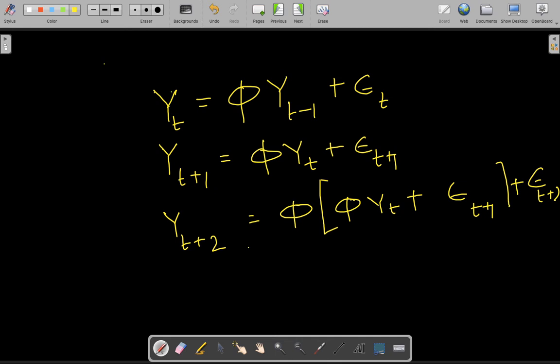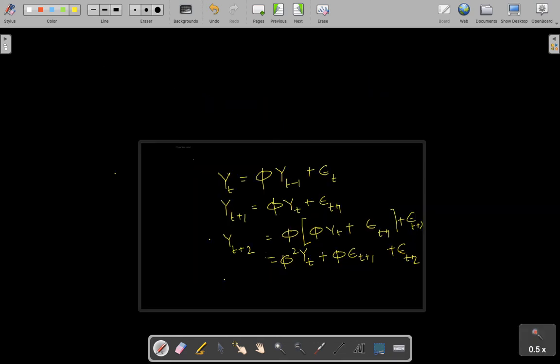Okay, so let us do a little bit more expansion to this, and I'll write yt, then phi epsilon t plus 1, and then epsilon t plus 2. Let me reduce the size a bit here.